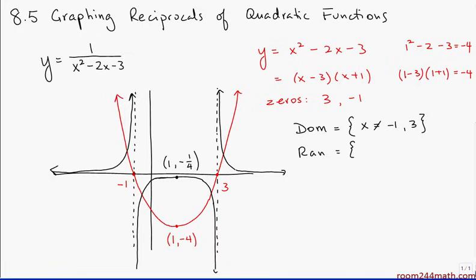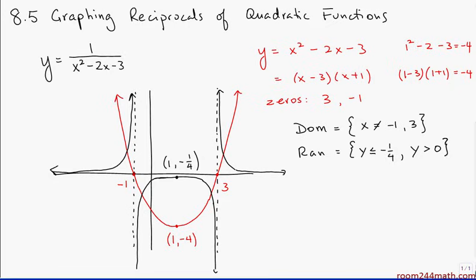The branch in the middle is the one where you have to be careful. The branch in the middle goes down towards negative infinity, but it only goes up to that point that we identified, which has a y value of -1/4. So it's all y values less than or equal to -1/4. And then, as I said, the two branches on the right and left are all the positive y values.